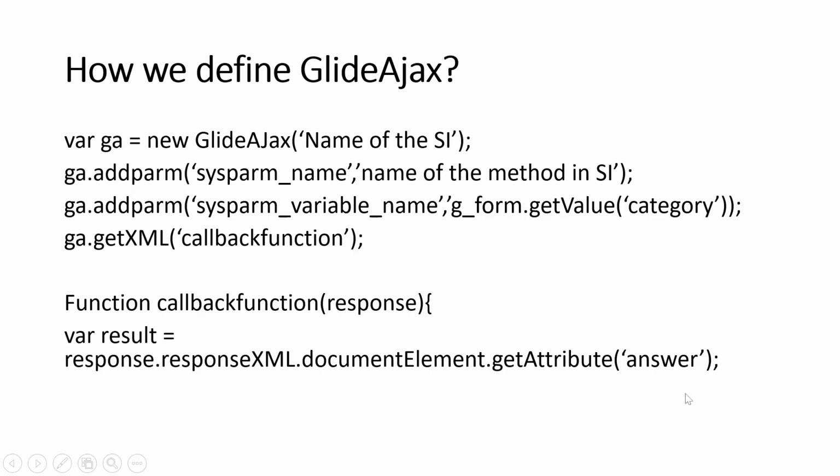When you see the XML which is returning from the script include, there is a variable answer which contains the actual result from the script include, the return value, you could say. And that answer variable we are trying to access with the help of the getAttribute method. Once we get it, it is stored in the result variable, and then we are printing the result, doing the alert on the client side, right? So this is how each and every step works in GlideAjax.